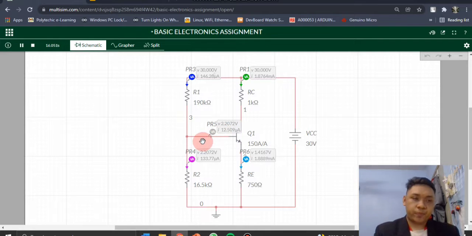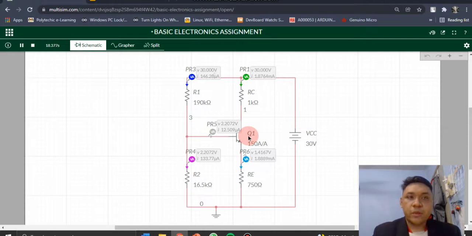And then secondly, we need to find the VB, which is the voltage across the base. So the formula is VB equal to VE, the voltage at VE, plus VBE.